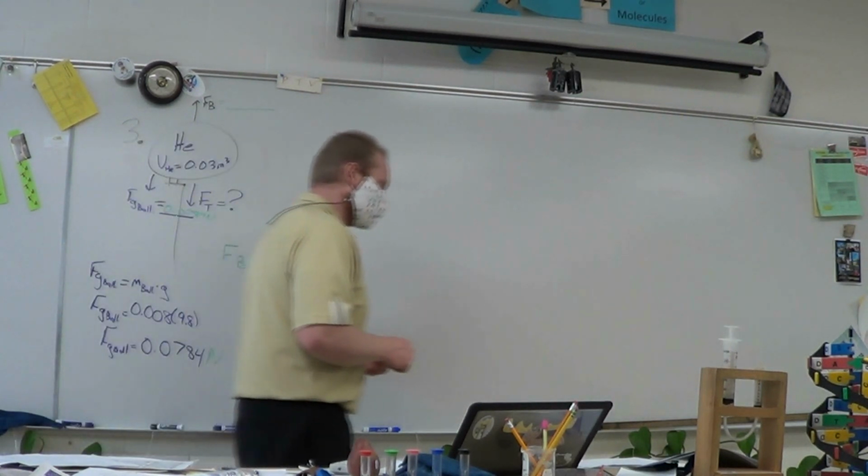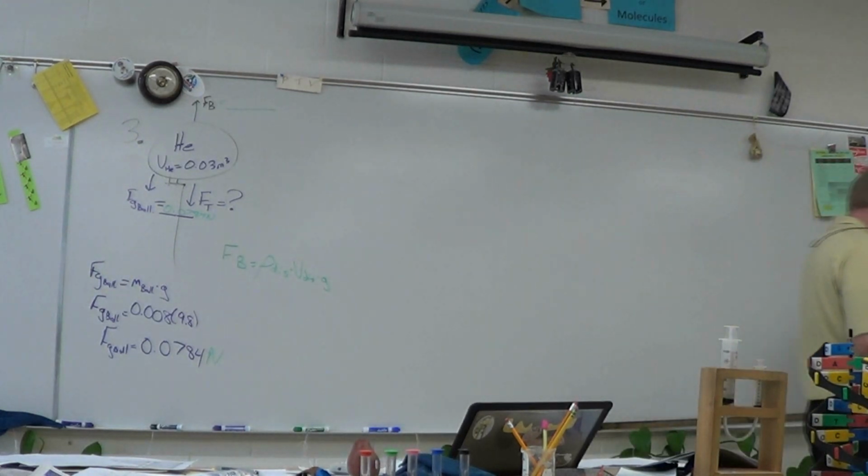Now I'm writing it like this because I want to draw emphasis to it. Some of you might just jump right to the next line. But it says dis as in it's displaced. It's the density of what's being displaced. It's the density of what's getting pushed out of the way. It's the volume that's being displaced. It's how much of that stuff is getting pushed out of the way.